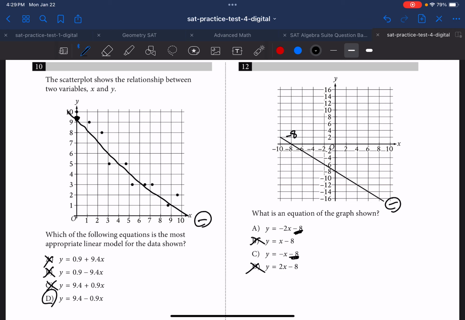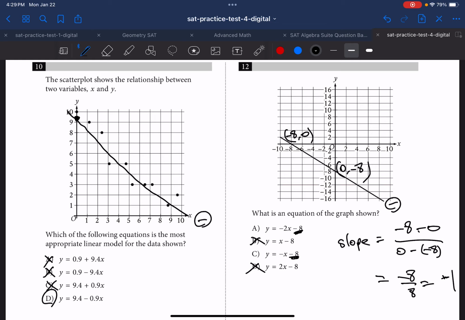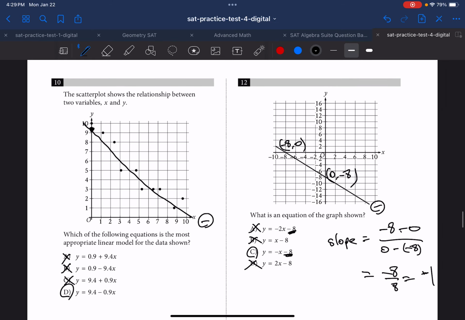So we know that the x-intercept is negative 8, 0 and the y-intercept is 0, negative 8. So if we find the slope, it is negative 8 minus 0 over 0 minus negative 8, so this is negative 8 over 8, which is equal to negative 1. So A is wrong. The answer is C.